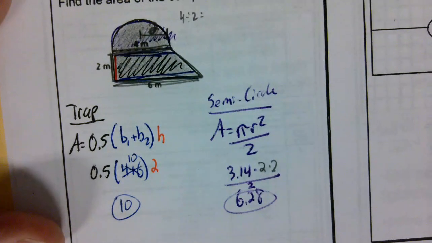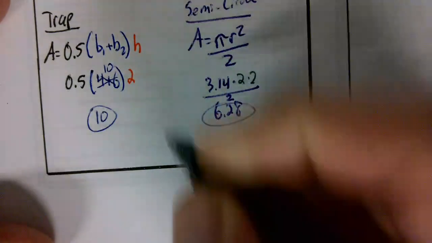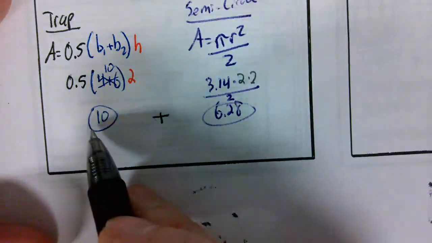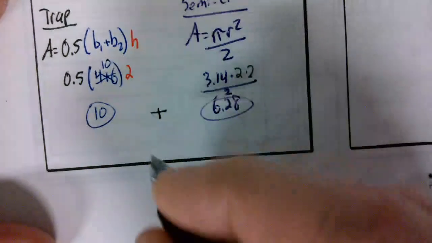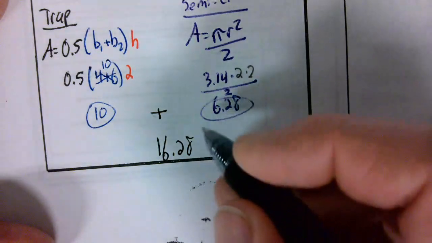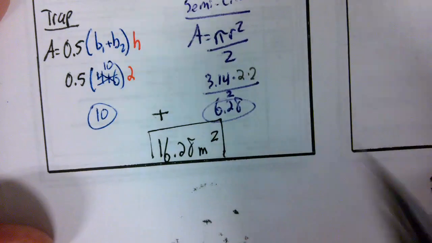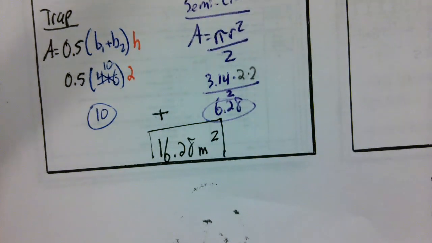So I have done all the shapes in this composite figure. It's now time to compose their areas. 16.2800 meters squared. That is what we are looking at for areas of composite figures.